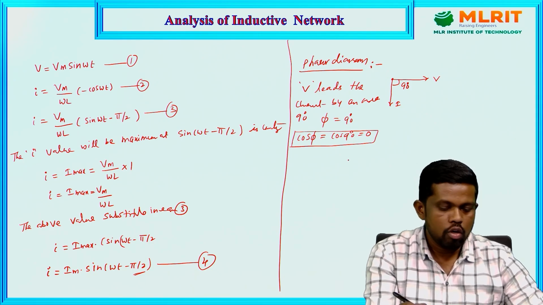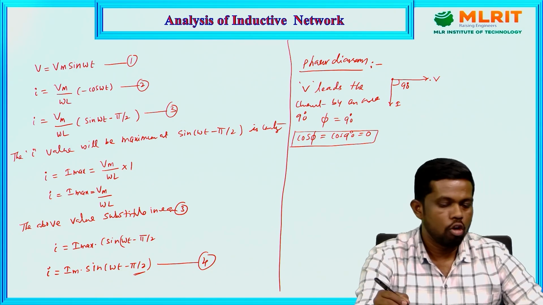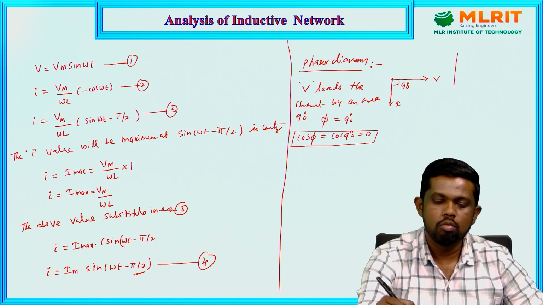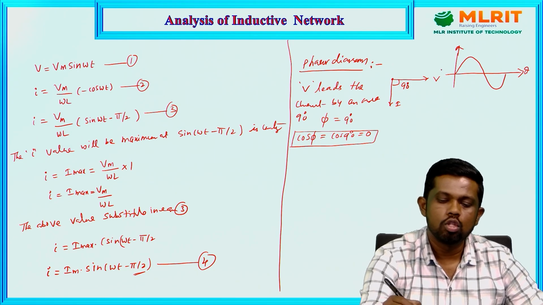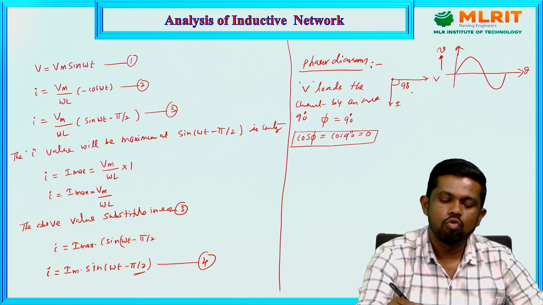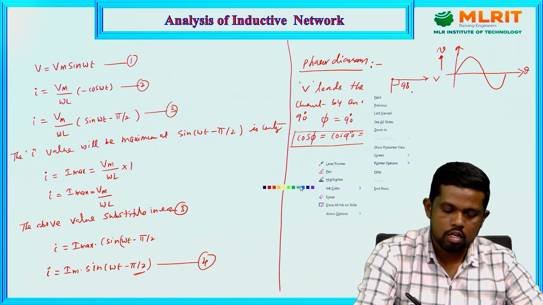Then after that, we need to find the instantaneous power. We have also plotted the waveforms here, the voltage and current. So here we are going to plot the voltage and current waveforms. This is the applied voltage, and with reference to the applied voltage, this is theta or omega t. This is V, and we represent the current waveform with another color.